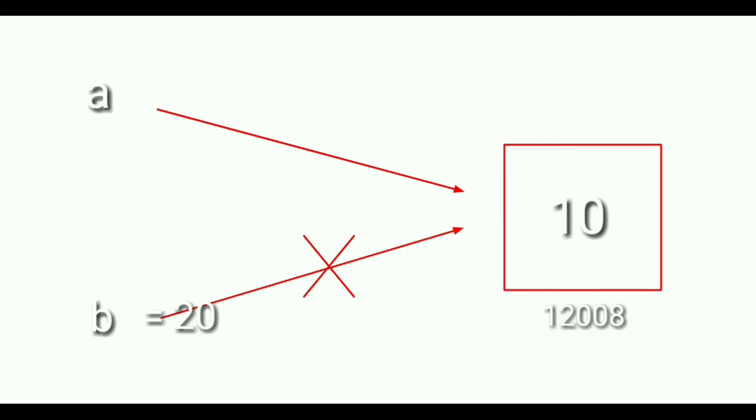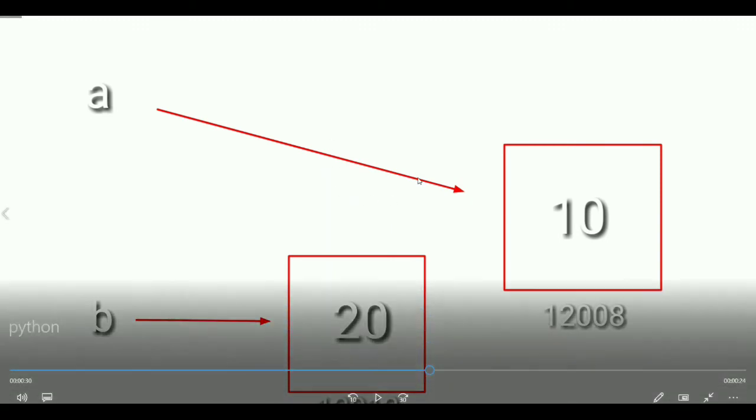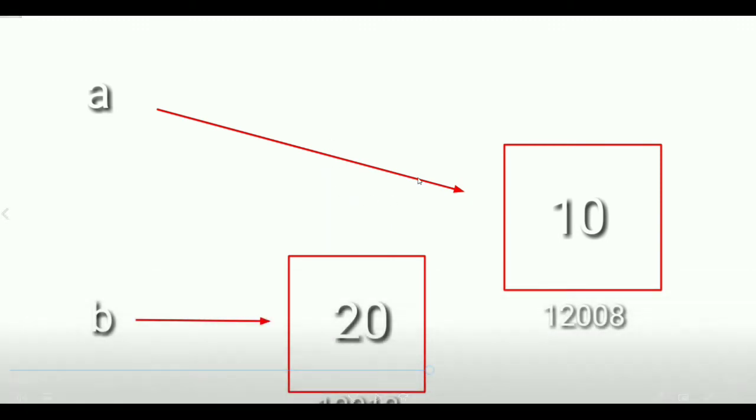So it will not point to that particular address. It will point to another address where 20 is stored. Now 20 is being stored at another address, 12012, which is the new address where 20 is being stored. So b is pointing to that particular address. This is the concept of Python.